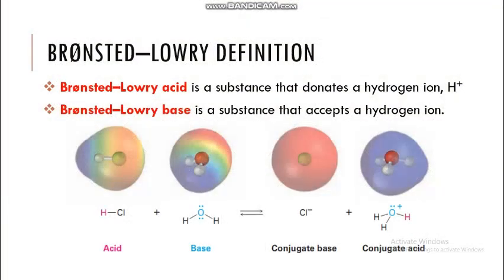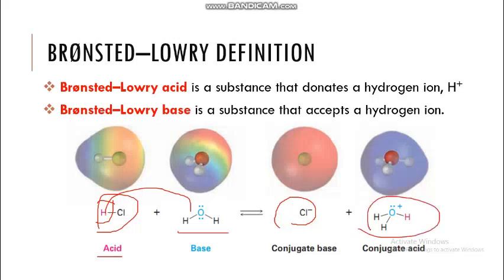In the Bronsted-Lowry definition, when hydrogen chloride dissolves in water, the polar hydrogen chloride molecule acts as an acid and donates a hydrogen, while a water molecule acts as a base and accepts the hydrogen, yielding chloride ion and hydronium ion.